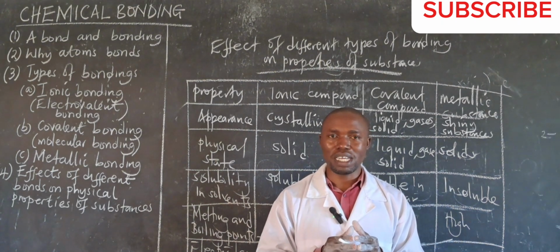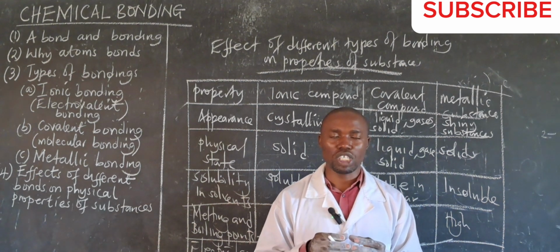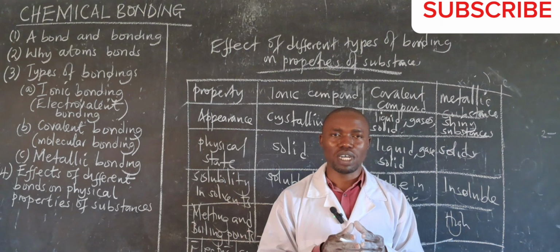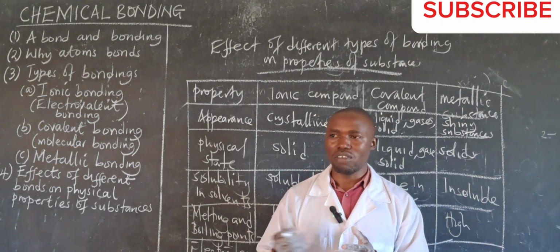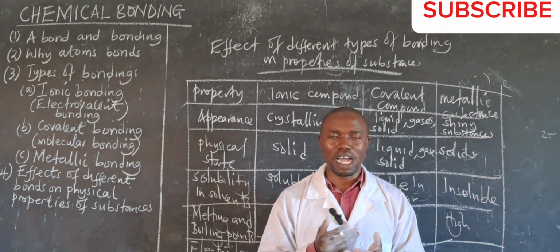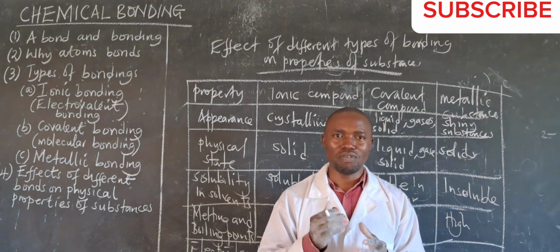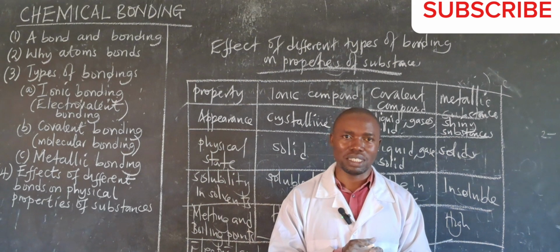Then metallic bonding, which is the bonding within the internal structure of a metal as a force between positive metal ions and the negative electrons. Then we looked at the physical properties that compounds have as a result of the bonding in them: solubility, physical appearance, melting and boiling points, and physical state of the substances.